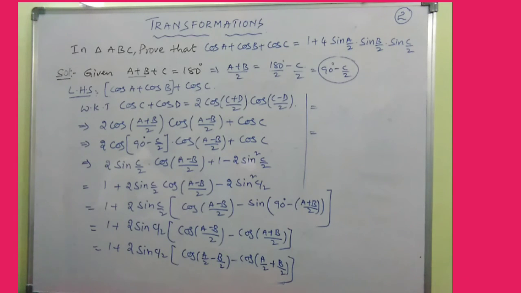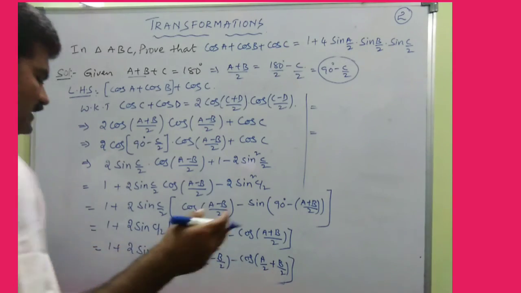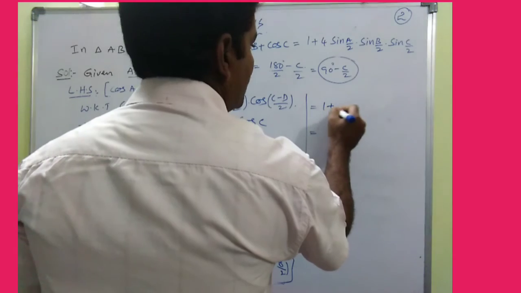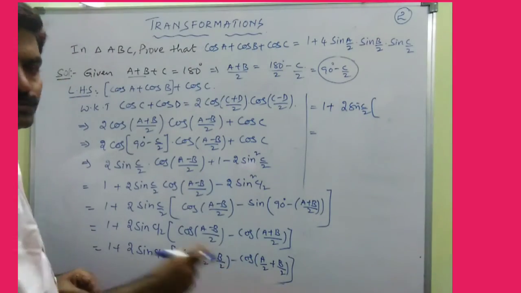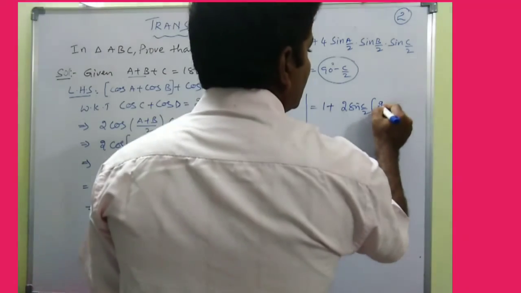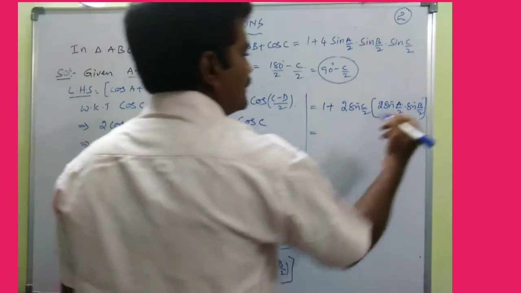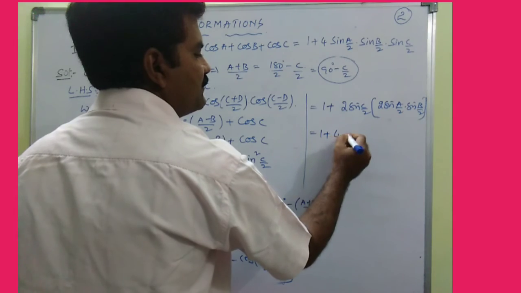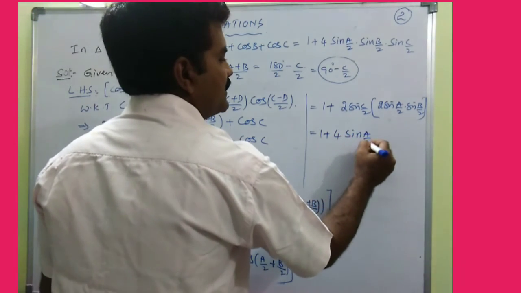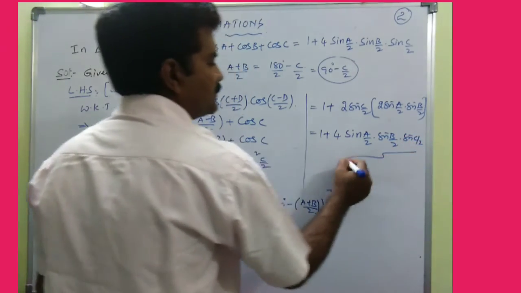So what is it? Here cos a cos b, the first terms get cancelled, then 2 sin a by 2 sin b by 2. So 1 plus 2 sin c by 2, and the sum of these two is nothing but 2 sin a by 2 into sin b by 2, which we get. So 1 plus, on multiplication we get 4 sin a by 2 into sin b by 2 into sin c by 2.